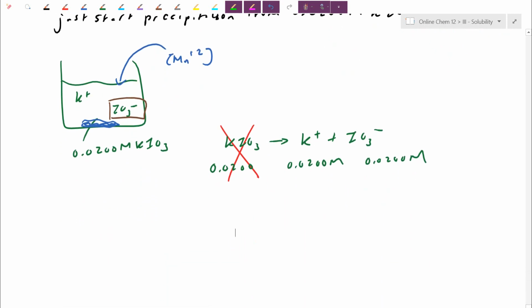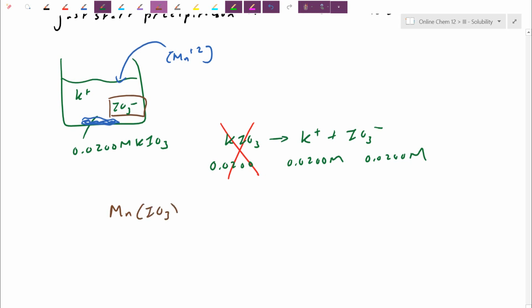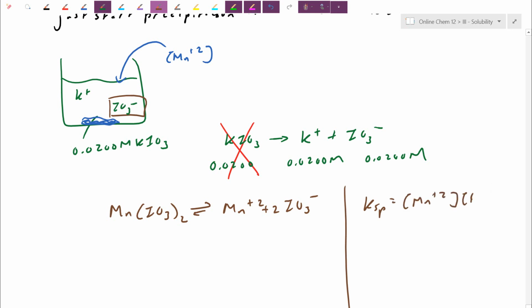So again, if I know what the solid is, even though I'm adding manganese and iodate as reactants, forming MnIO3 as a product, I'm still going to put MnIO3 as a reactant. This is going to be in equilibrium with the manganese and the iodate. Again, 2 iodate there. I'm going to write the equilibrium expression and also write out the KSP expression. KSP is manganese times the iodate all squared.